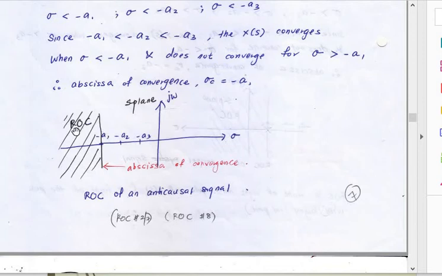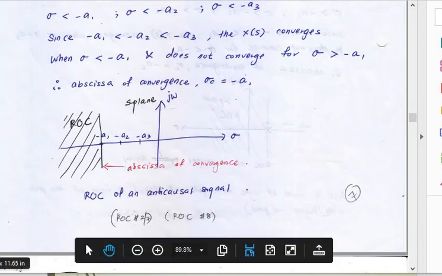So the ROC of an anti-causal system, being left-sided, takes the leftmost pole. We won't cross to the others, negative a2 and negative a3. So this will cover ROC2, ROC7, and ROC8.